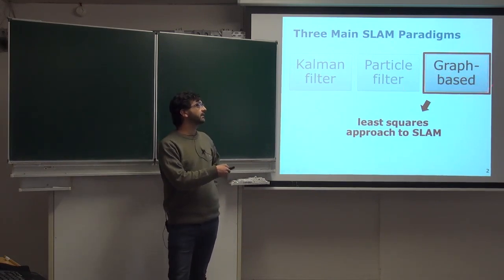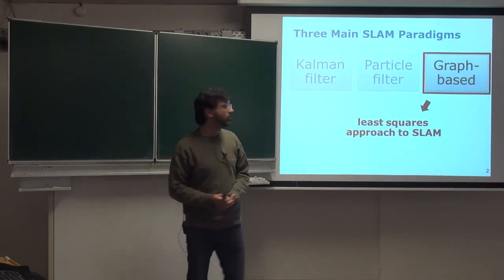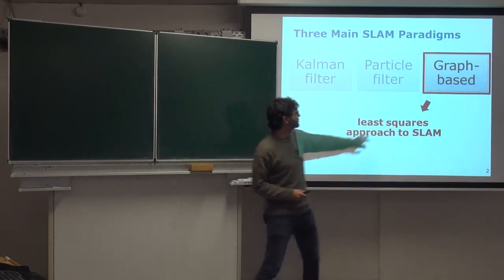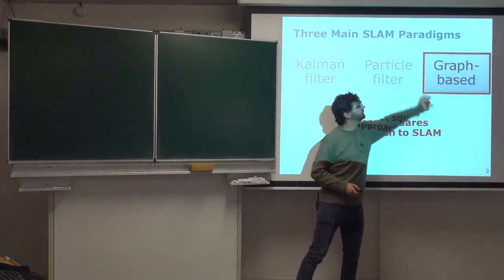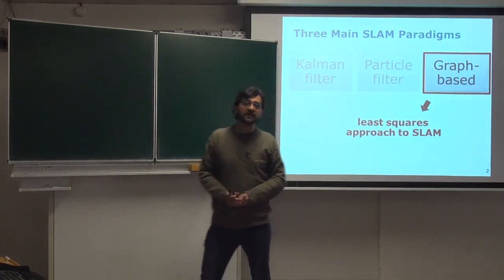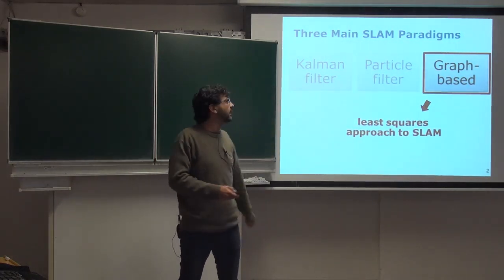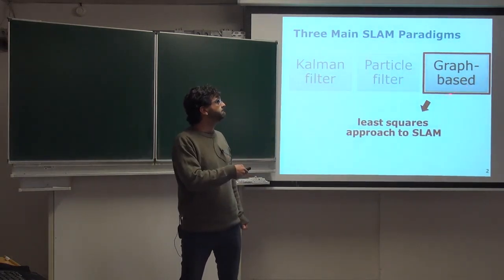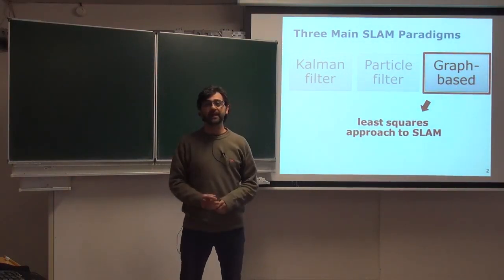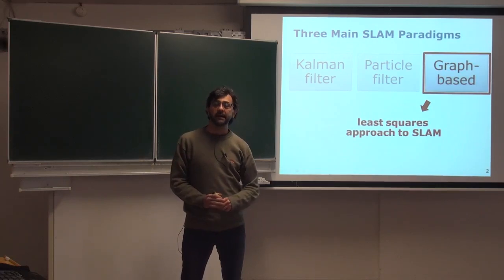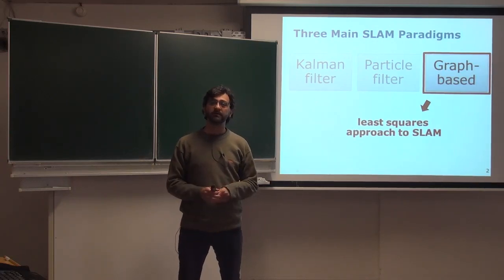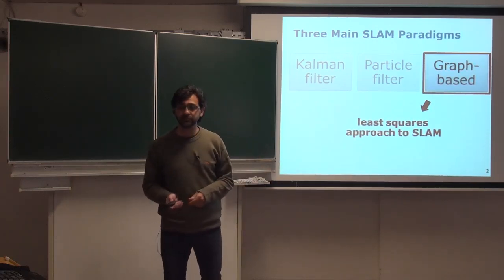And we can basically say the graph-based approach actually means that we are applying something called least squares to the problem. We'll see the connection between least squares and graph-based today in the lecture, and from now on, we will see different methods using this graph-based approach for SLAM, and different ways of addressing the problems that arise in this formulation.